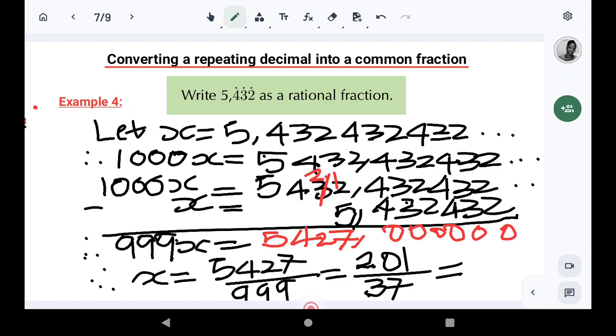You can leave that as a mixed number. 37 goes into 201. You go 201 divided by 37. It goes 5 times and leaves a remainder.